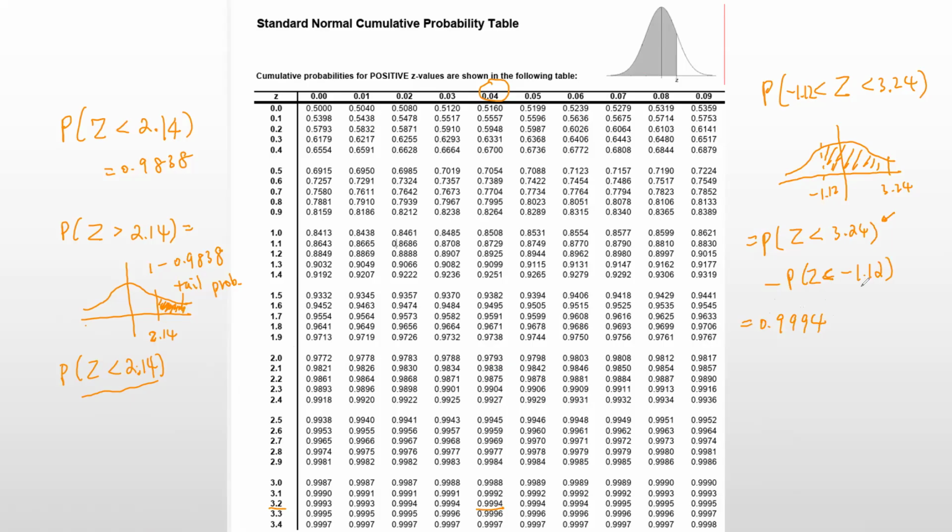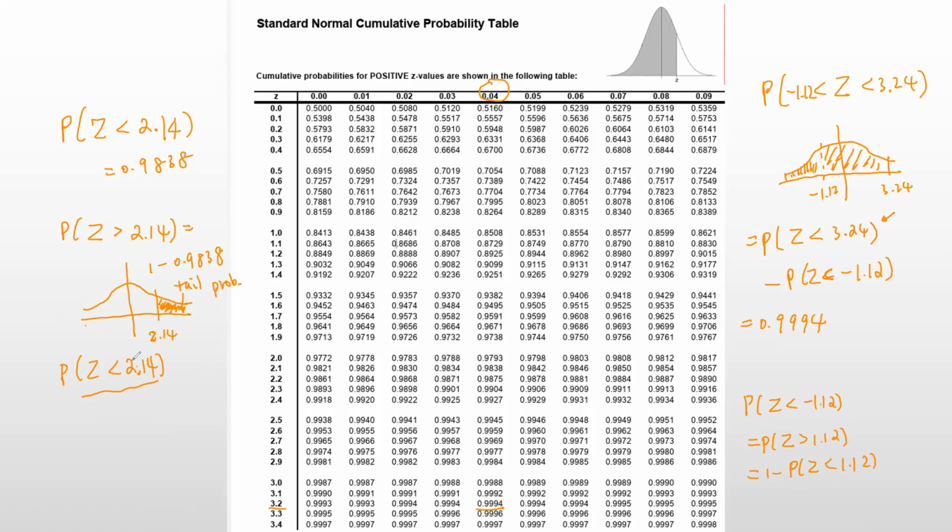Now the probability of z less than negative 1.12 is somewhere here. By symmetry, this probability equals the probability of z greater than 1.12. That's 1 minus the probability of z less than 1.12.